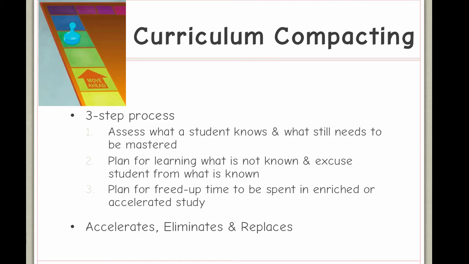So curriculum compacting is going faster, eliminating entirely, or replacing that for more meaningful work for the students. In many cases, we give students an independent research project. I have also worked with a lot of students.